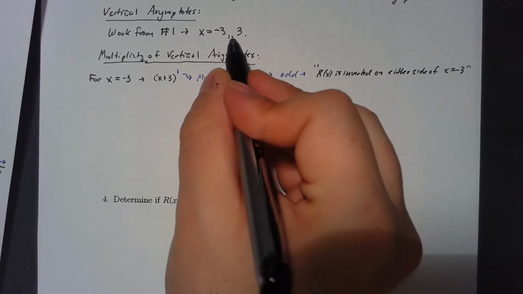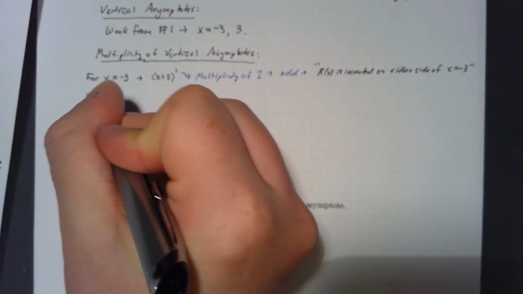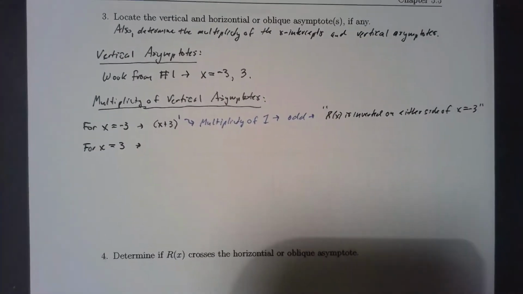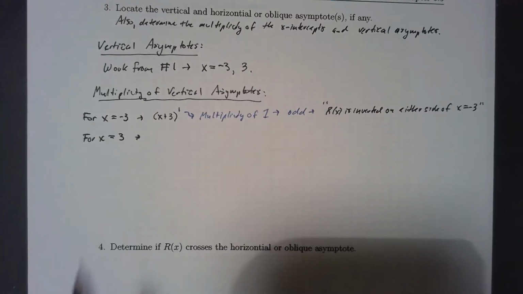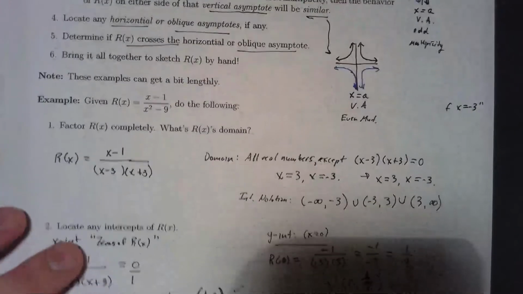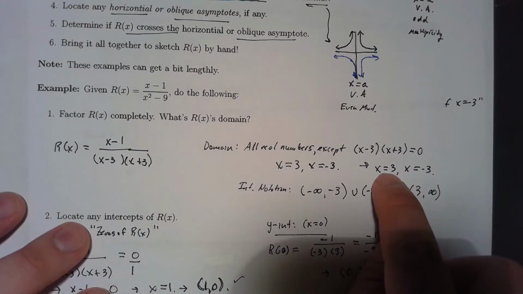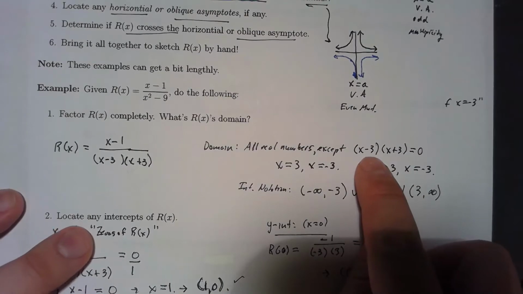Now let's look at the other value, x equals +3. That comes from the factor x minus 3.